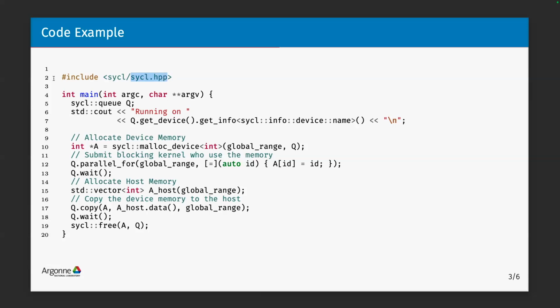As you see here, we have only one header file, so that means you include the whole world. It's like in C++, one weird std header: if you take it, you have everything, so it takes time. So we are working with the SYCL committee to try to split it into multiple smaller headers. So this is the first thing.